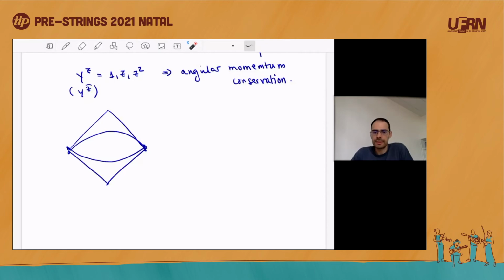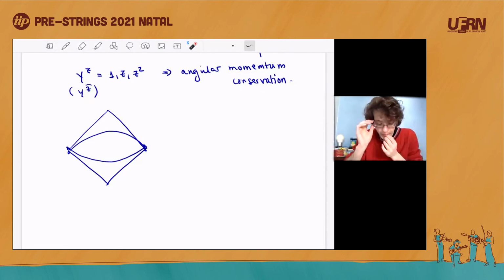Yes, related to the last question, I have sent to the chat a paper by Geoff Compère and his collaborators. I think they try to generalize the analysis of asymptotic symmetries in the presence of a cosmological constant.